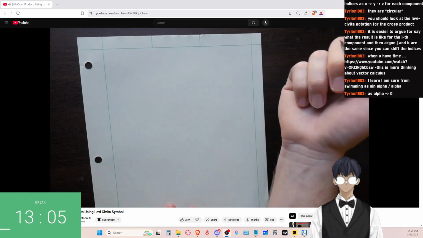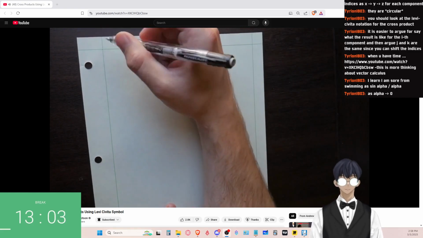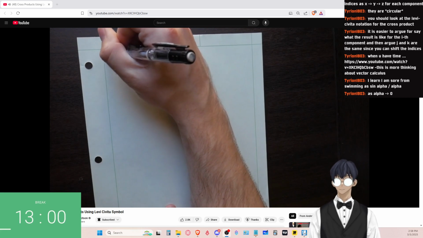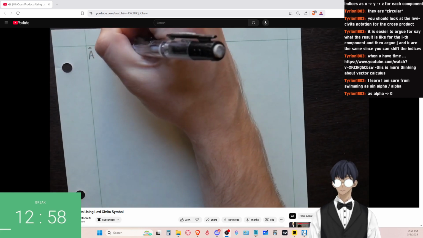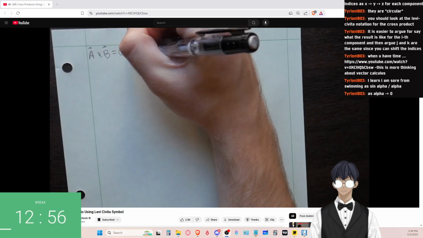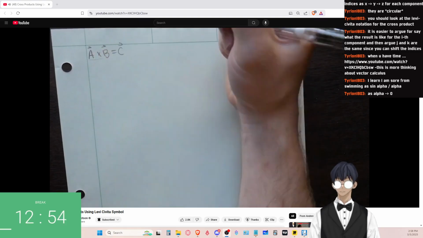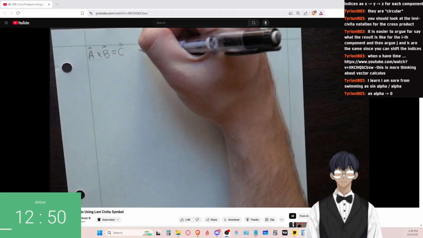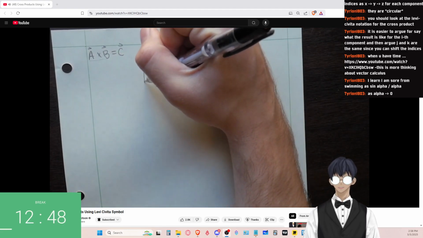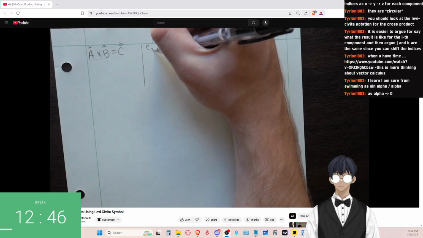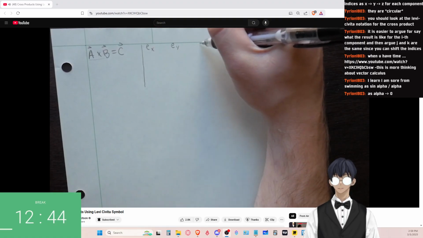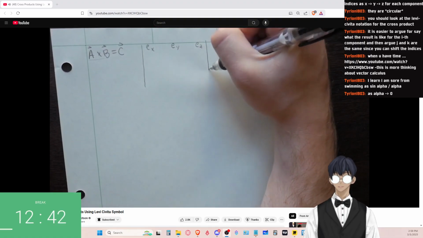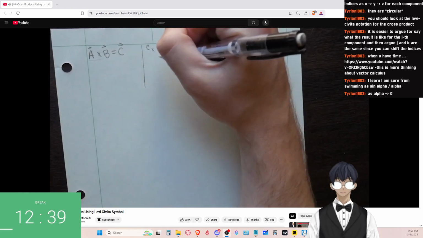So I'm assuming you all know what a cross product is, but just for good measure, if we have some vector A and we're crossing it with some vector B, what that gives us is a new vector C that is perpendicular to both A and B. And the way that I was taught to evaluate these kinds of things is as a determinant. So I have my basis vectors at the top. Let's use Cartesian here, EY, EZ. And then we have the components of the vectors here.